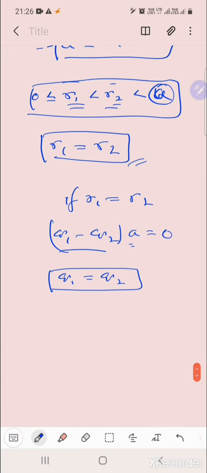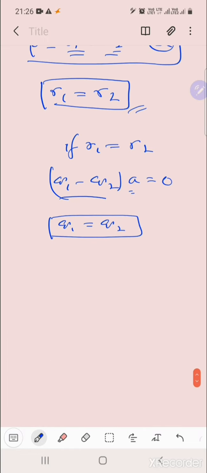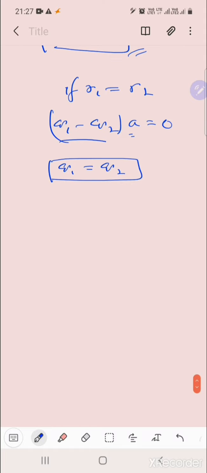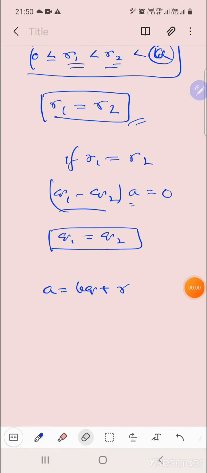Now, why will the divisor always be greater than the remainder? Let's see the proof of this statement. You have that a is bq plus r.